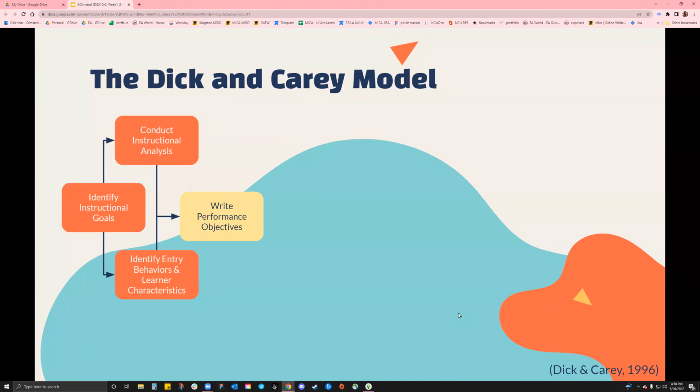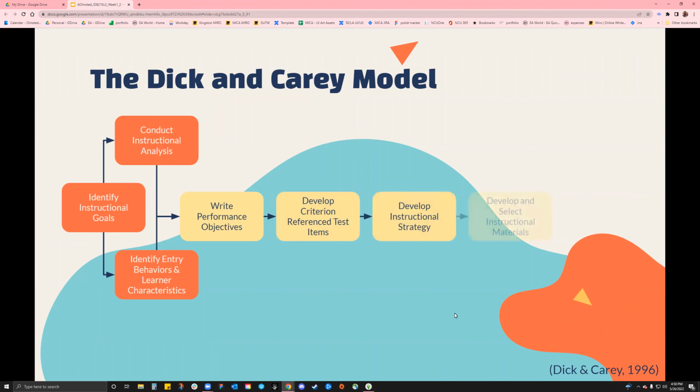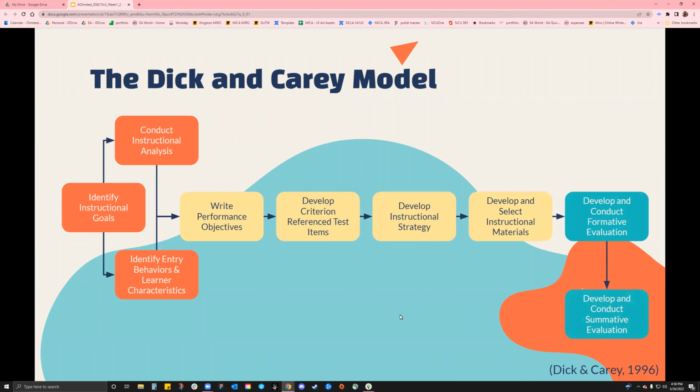Afterwards, the designer must create performance measurable objectives and develop criterion in which to test said objectives and items. Then develop their instructional strategy, and then develop and or choose the instructional materials they wish to use. Afterwards, they develop and analyze the material's effectiveness, first conducting a formative evaluation and then a summative evaluation.